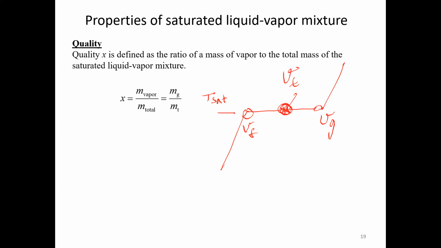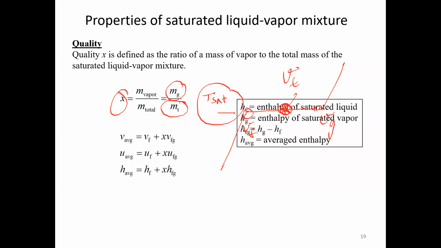So I need another property to describe this point. This property, call it quality, which relates the mass of gas to the total mass of the mixture. So if I know the quality with the temperature, it's easy to find other properties of this point, VT. The quality X is the mass of the gas divided by the total mass of the mixture, gas and liquid.